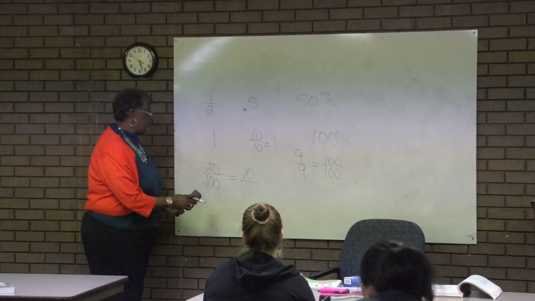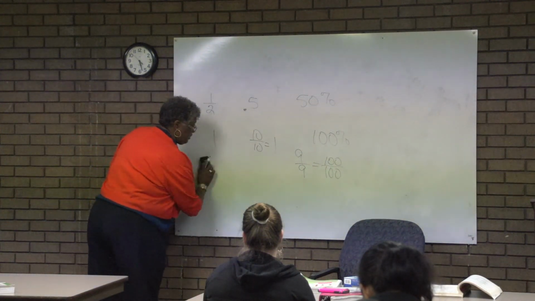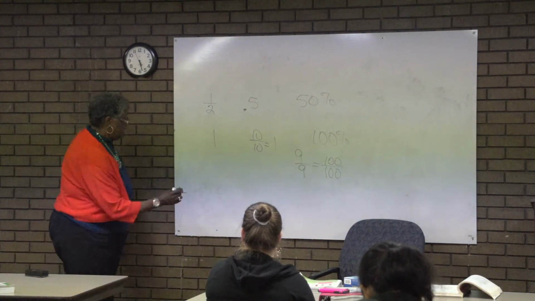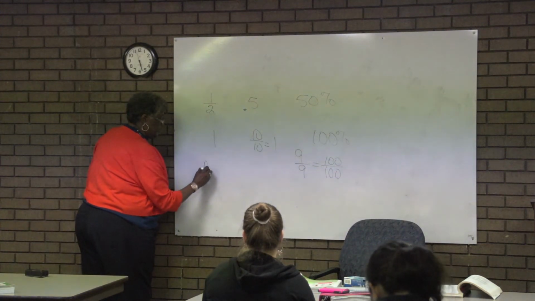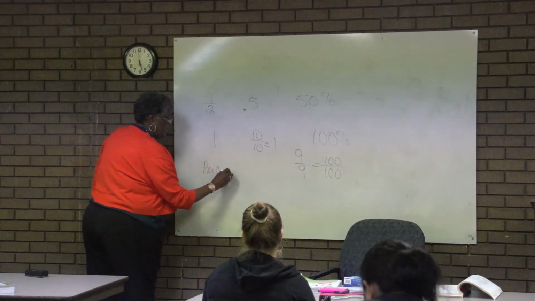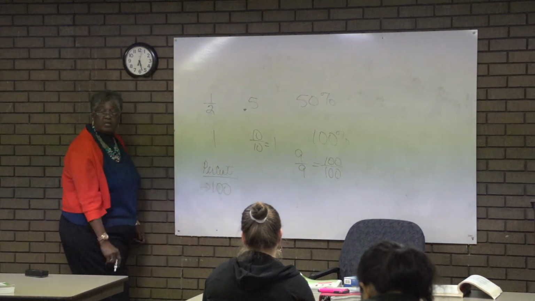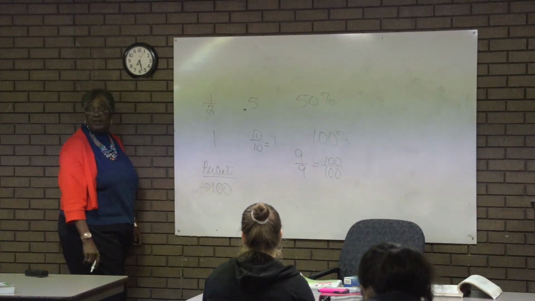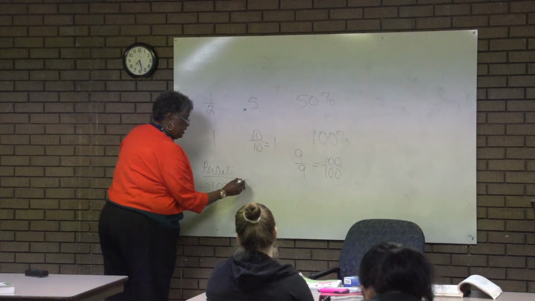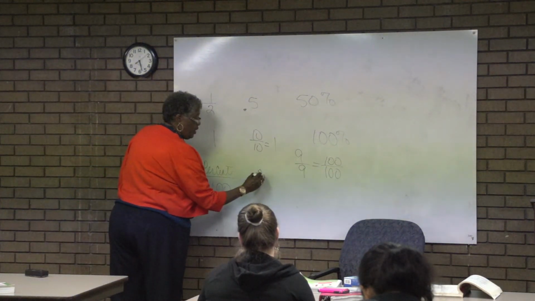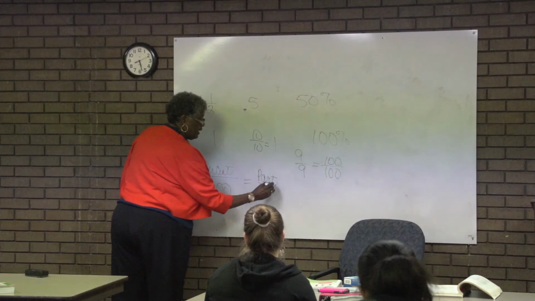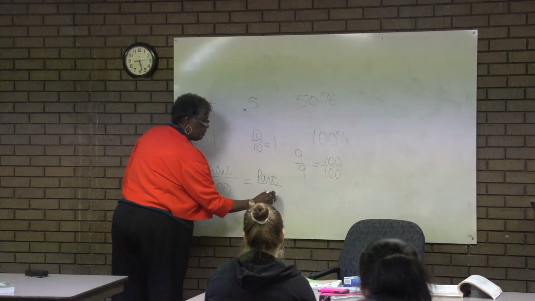When you're dealing with percent, it's always going to be one of those 3 things, because the percent is always over 100. That 100 is always going to be there, because we know that percent means out of 100. But we want to know our part out of our whole.